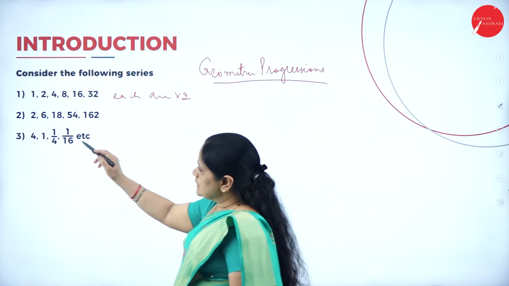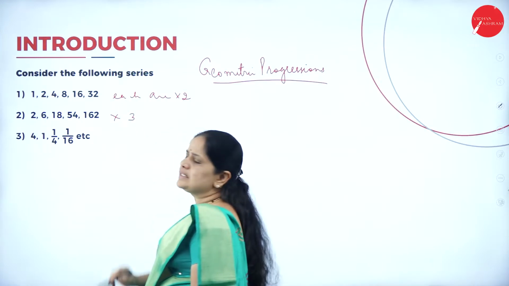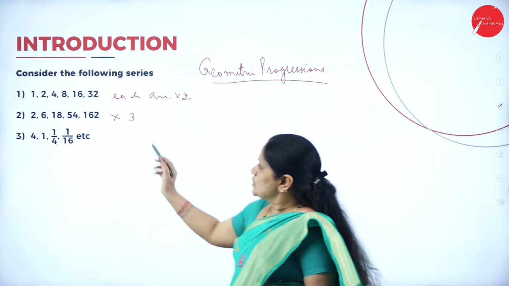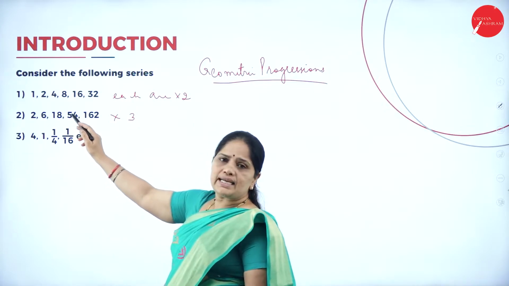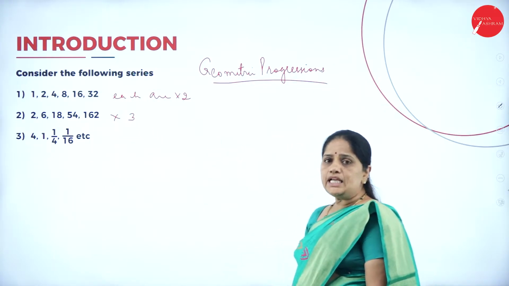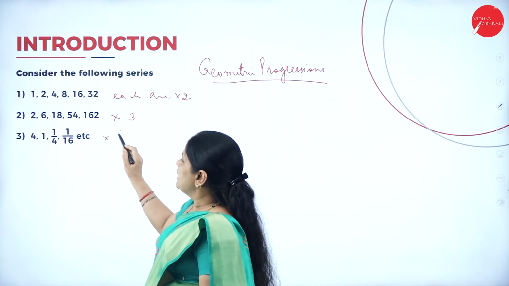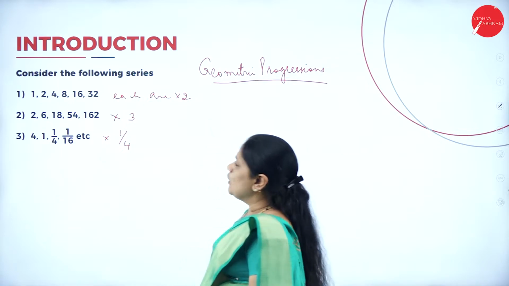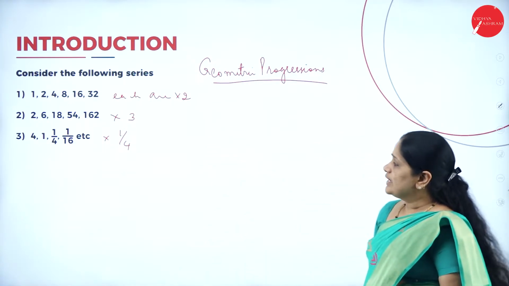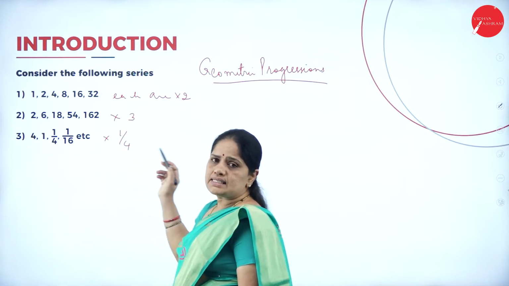Now consider this term here. Each of them is multiplied by 3. So 2 into 3 is 6, 6 threes are 18, 18 threes are 54, 54 into 3 is 162. Then if you can see here, each of them is multiplied by 1 by 4. So when you multiply each of these terms, we get the next term.